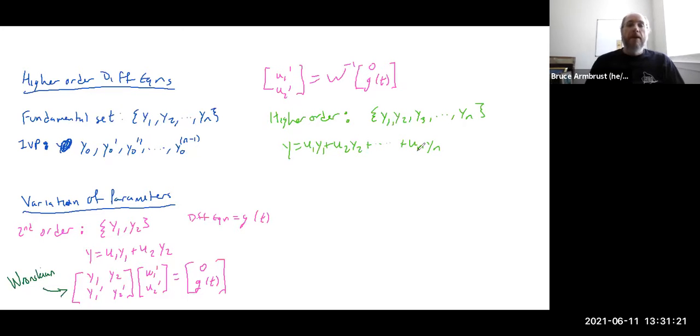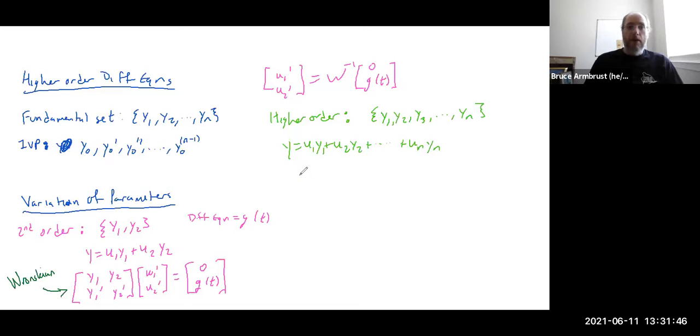Okay. But now we're going to be able to put on n minus 1 restrictions. Since we have n unknowns, there are really n minus 1 free choices. And so what we're going to do, similar to last time, is start instituting some conditions.